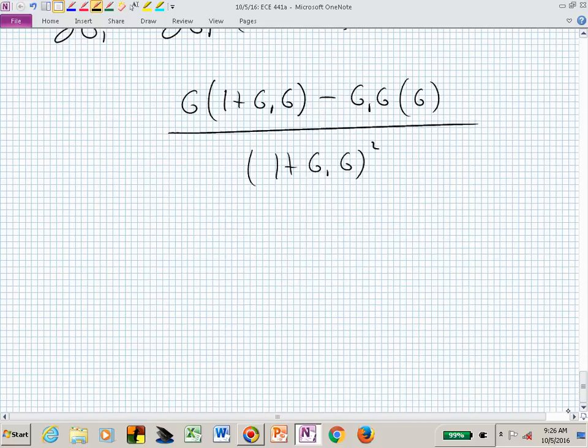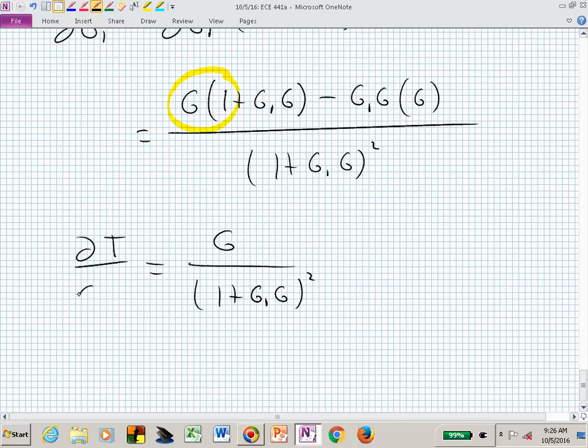And we get some cancellations in the numerator, and we're left really just with that piece. So that we now end up with G over (1 plus G1 G) quantity squared. That's the partial of T with respect to G1.